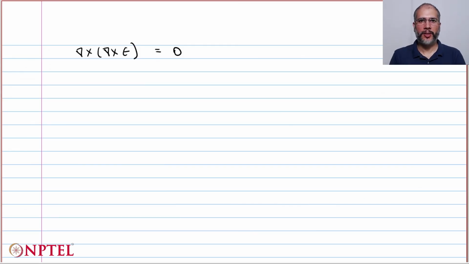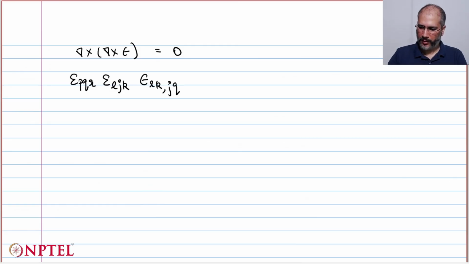So let's write this in the indicial notation again. So we had epsilon pqr, epsilon ljk times strain rk, comma jq. Now I'll underline the free indices in this expression. So we can see that p is a free index and l is a free index. q, r and j, k, they are repeated.